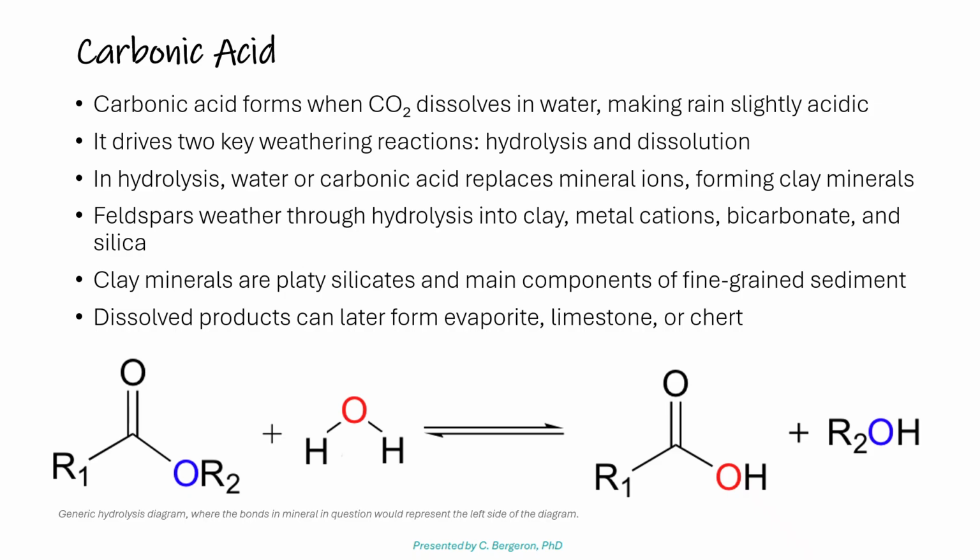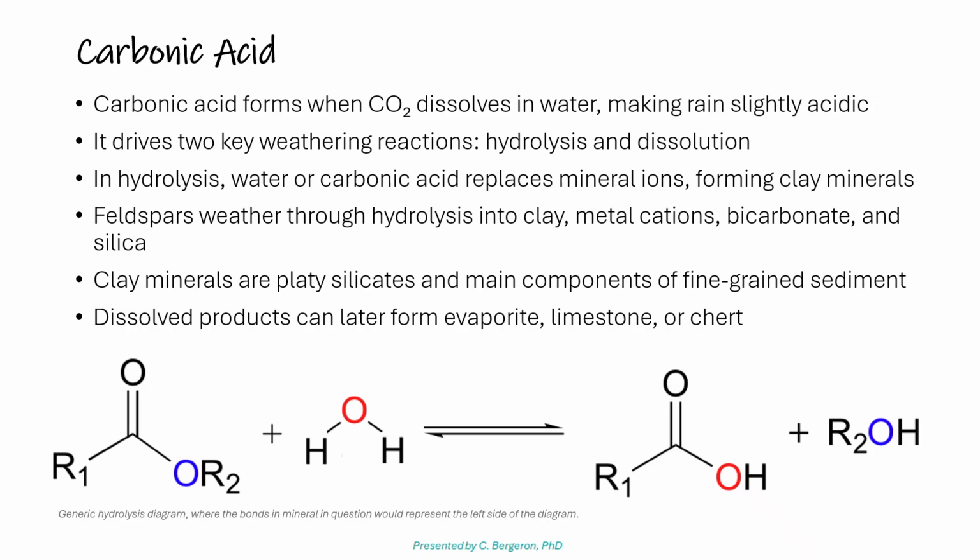The other way that hydrolysis occurs is that the carbonic acid molecules react directly with minerals, especially minerals that have silicon and aluminum, so feldspars. And so they react directly with certain minerals to form molecules of what are known as clay minerals. So they basically create different minerals that weren't there before.